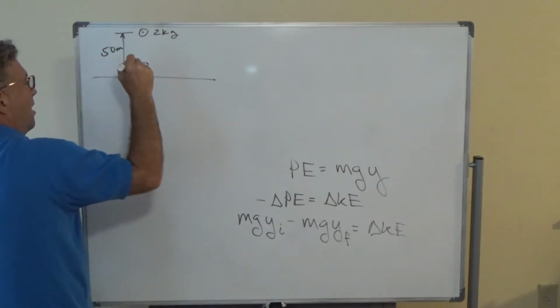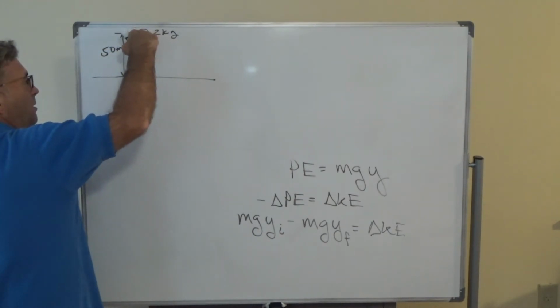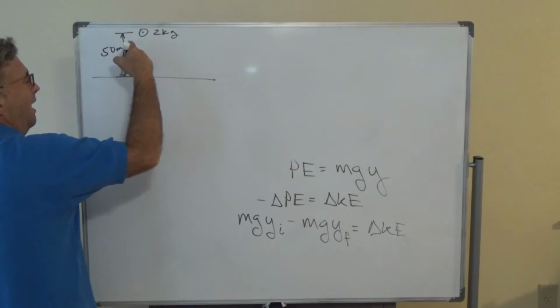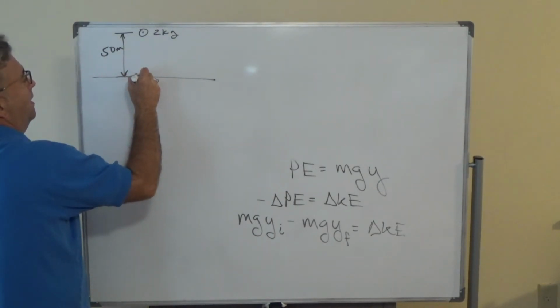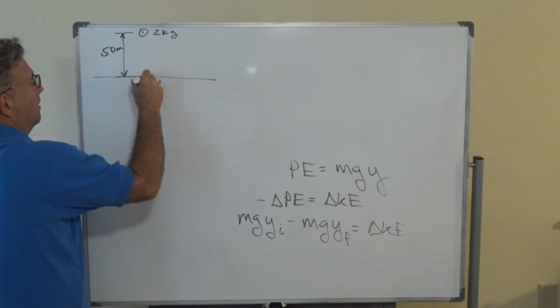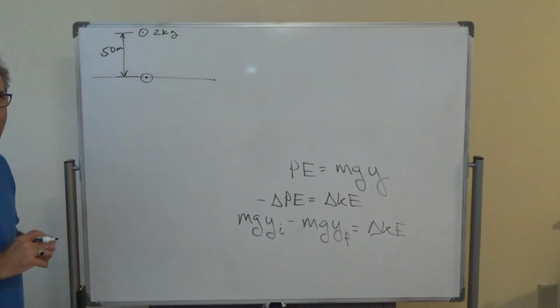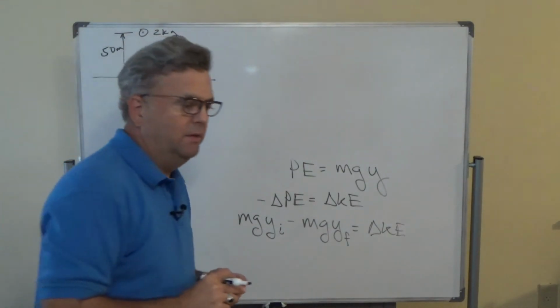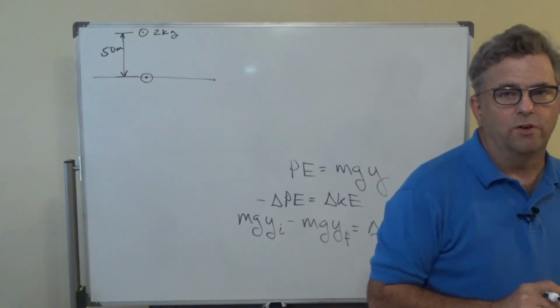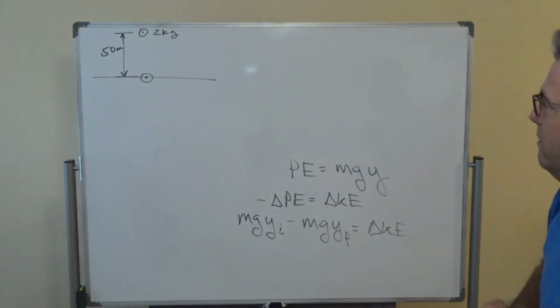Here's a 2 kilogram object. It's at 50 meters height, and it drops, and it ends up down here at 0. Okay, it's in the gravitational field. The acceleration due to gravity is not changing.